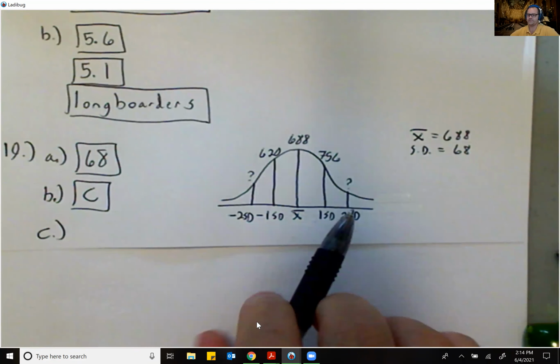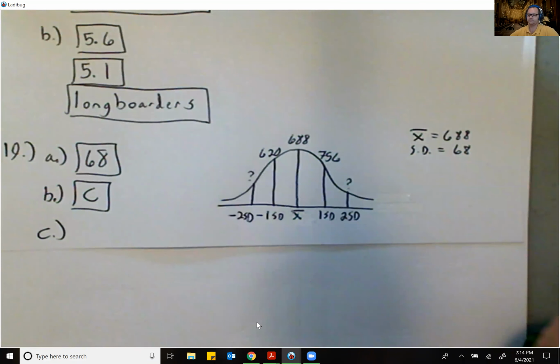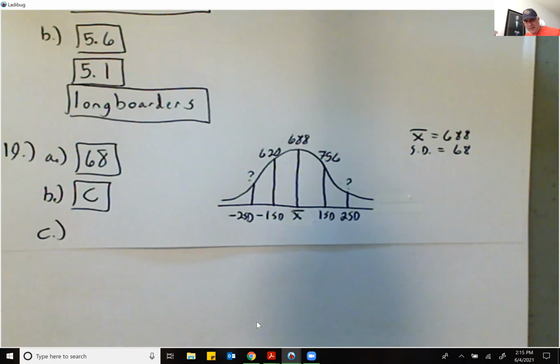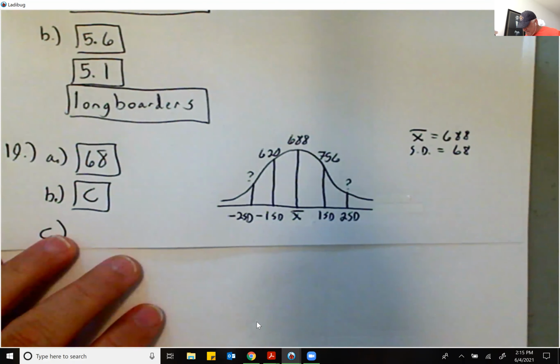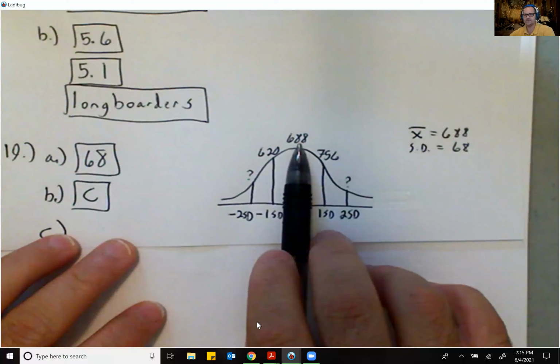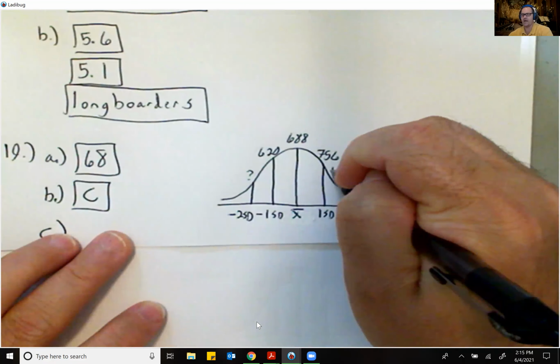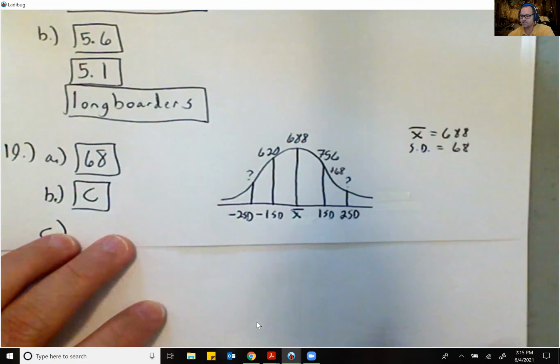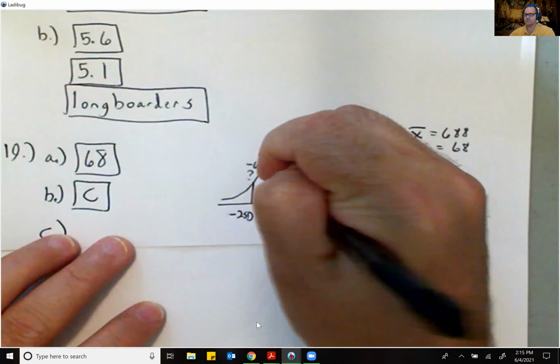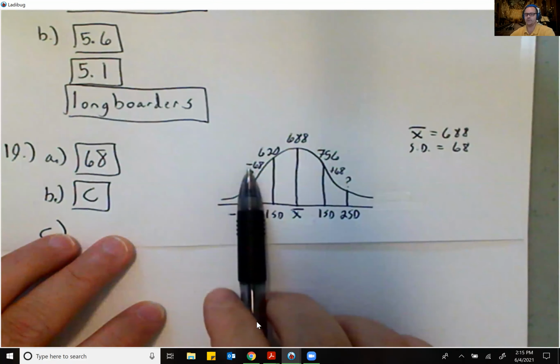I'm going to figure out these two. It's 556 and 824. Well, how'd you get those, Ruben? You add 68 to the 620? Yeah, these are all jumps of 68. So add another 68 and we get the high number. Subtract 68, you get the low number.